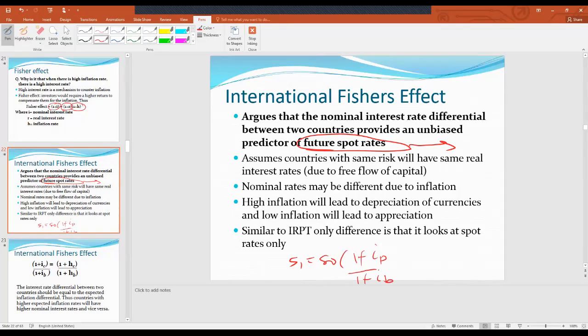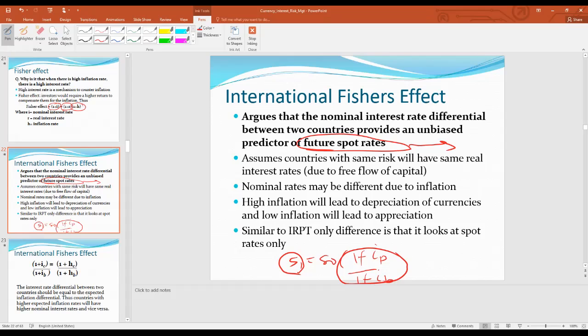The future spot rate is explained by the inflation differential in the two countries. And since the difference in interest rates between the two countries is because of inflation, we can use the nominal interest rate to explain the spot rate. I hope it's clear.